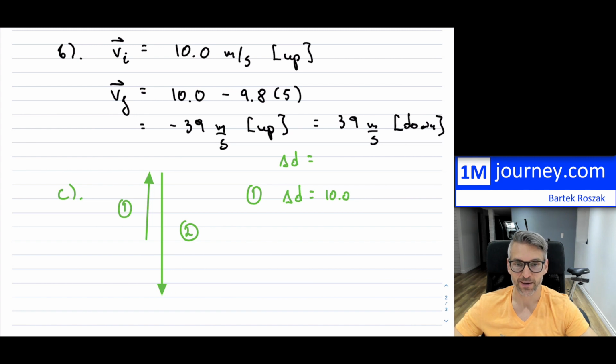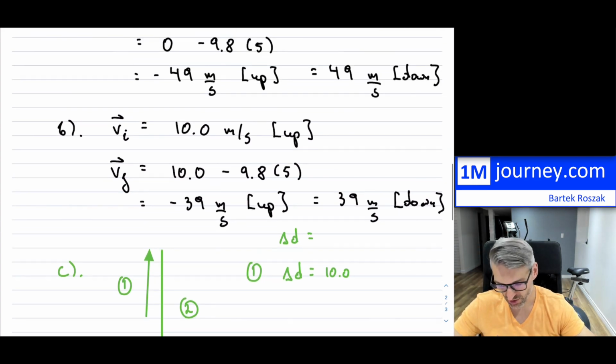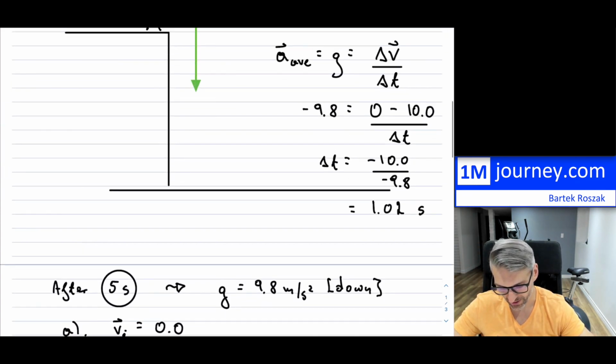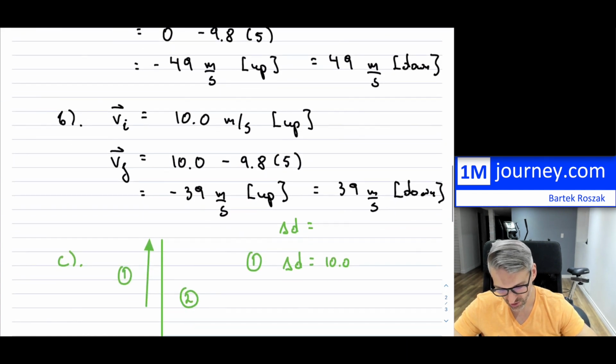So within here, we already know how long it has taken to go all the way up. This was the 1 second over here. So I know that it takes 1.02 seconds to go all the way up there. So I can technically use different equations for this.